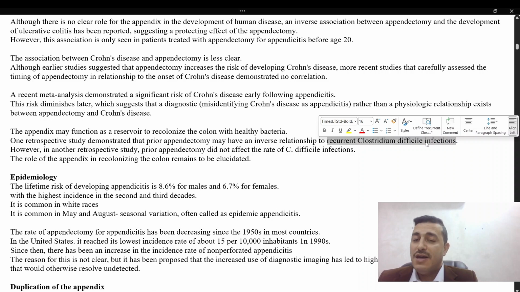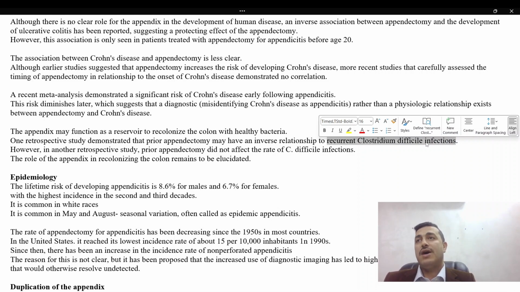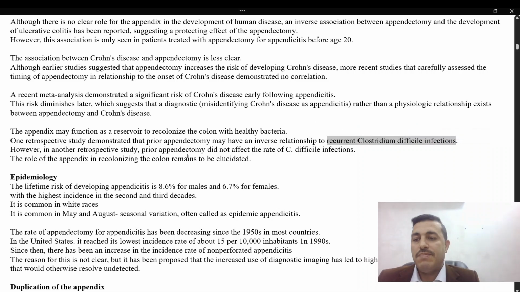There is another study that shows this is not true, but we can say the function of the appendix is unclear till now. What we know is that it has immunoglobulin secretion. It's not just a vestigial organ which had a function and now has none, such as the coccyx, for example, in the human being.